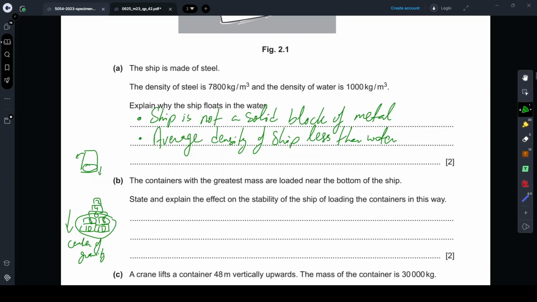So having the heaviest containers loaded near the bottom of the ship lowers the center of gravity or center of mass, and that increases the stability. So the ship is more stable.